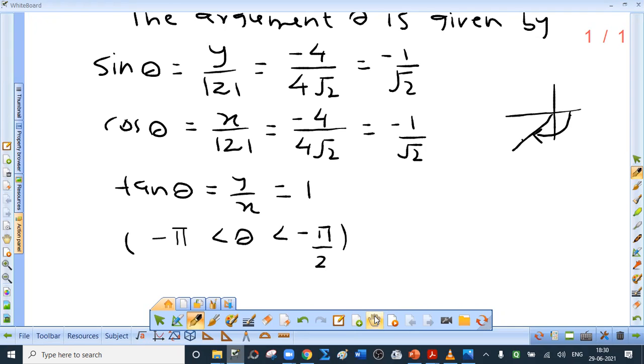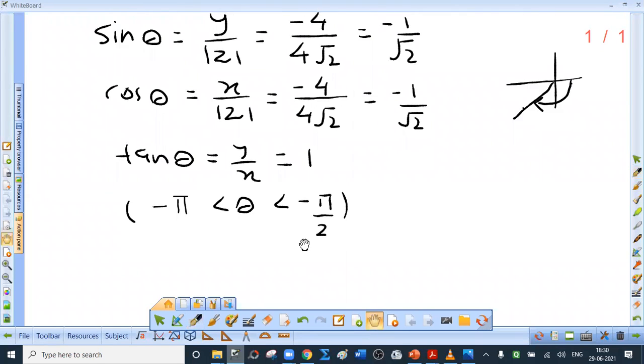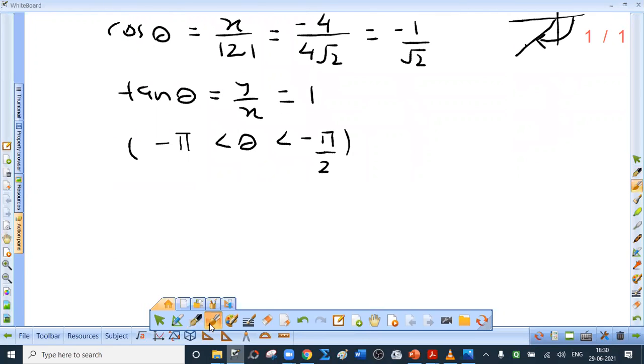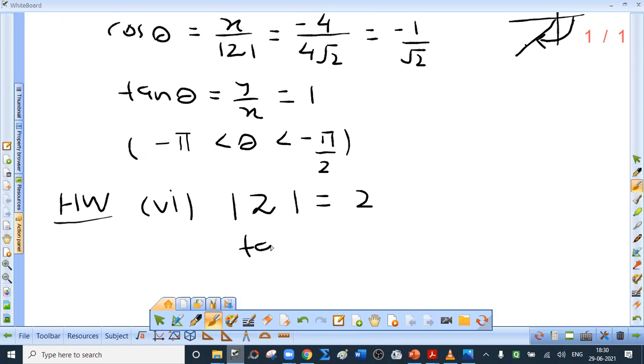Now sum number 6 is again a similar one. So for that you may just say, what is modulus of z? Modulus of z is 2, and just say tan theta is nothing but minus 1 by root 3.